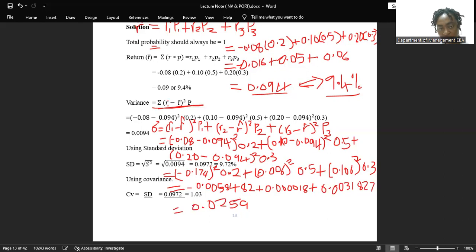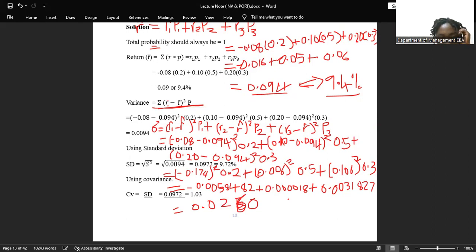Okay, let me run it up. Sorry, 0.02594. You're getting a different answer in the book. But I remember, is it this one? I think there's a mistake somewhere.